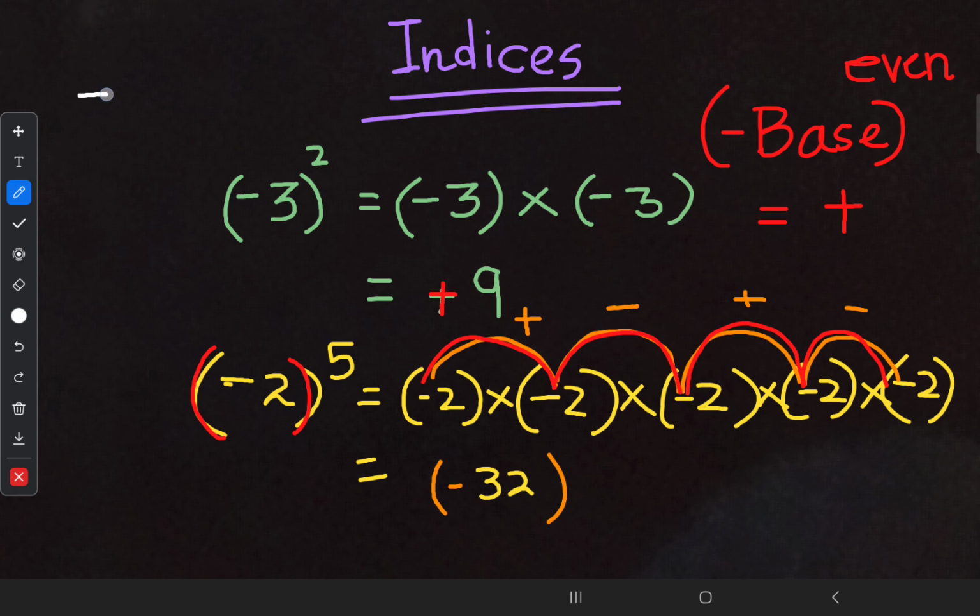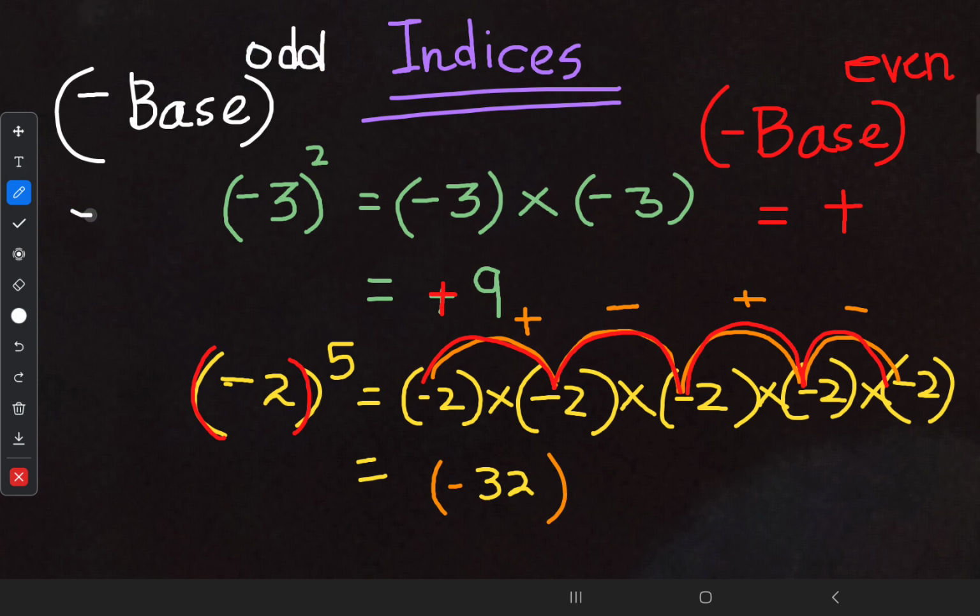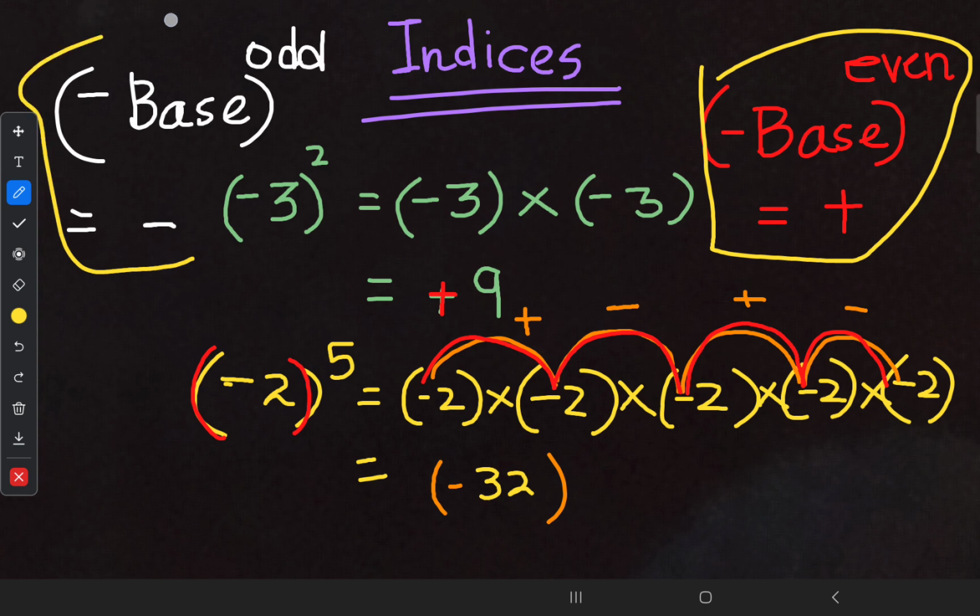But when we deal with a negative base with odd powers, that will give you the direction for your answer as negative. When you know this, it will make your job easier. That's why I explained this one. It's not that hard, it's very, very easy. When we do some questions, you will understand.